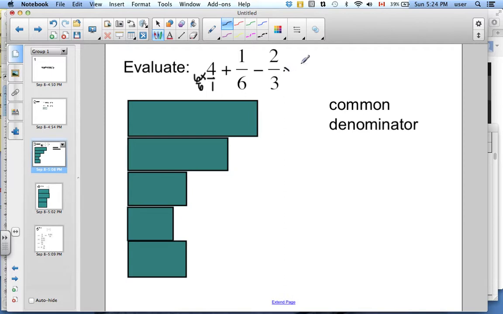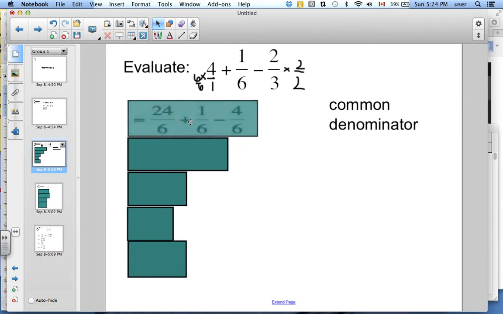So we multiply by 2 over 2. To get our denominator, 6, we had to multiply 3 by 2 to get 6. Whatever you do to the denominator, you have to do to the numerator, so we multiply it by 2 also. So our next step should look like 24 over 6 plus 1 over 6 minus 4 over 6.